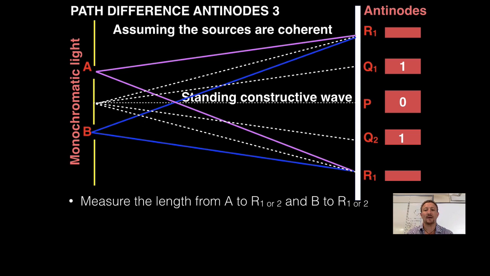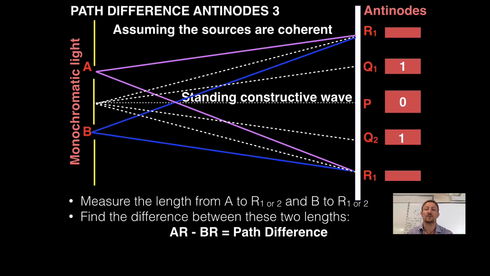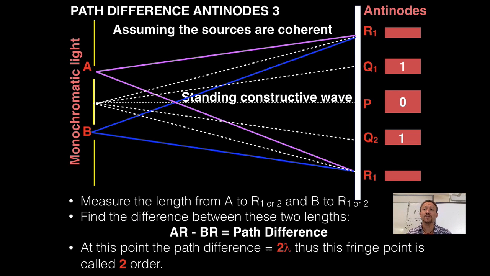Now, when I work out the difference between these two lengths, AR minus BR, it doesn't matter which one we're talking about, the result is they're going to be 2 wavelengths different from the standing constructive wave that we had at point P. So as I said to you, if the wavelength happened to be 2 meters, in this case the difference between AR1 and BR1 will be 4 meters.